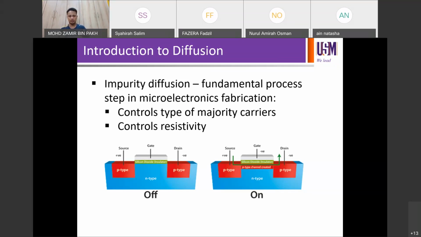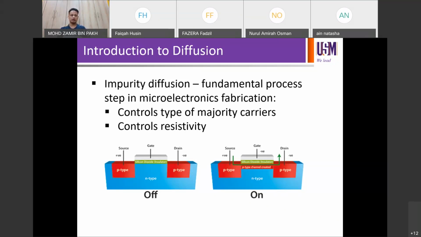So for this particular case, we're going to look at IC to be more specific, but the very same knowledge can be used for fabrication of other semiconductor devices as well. So if you talk about IC, impurity diffusion is a process of incorporating dopants, either p-type or n-type, into silicon, because we talk about silicon as the host lattice.